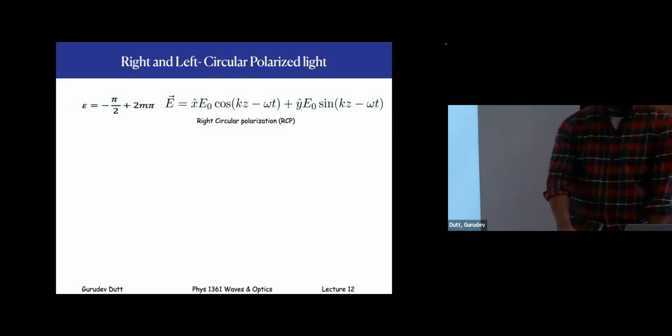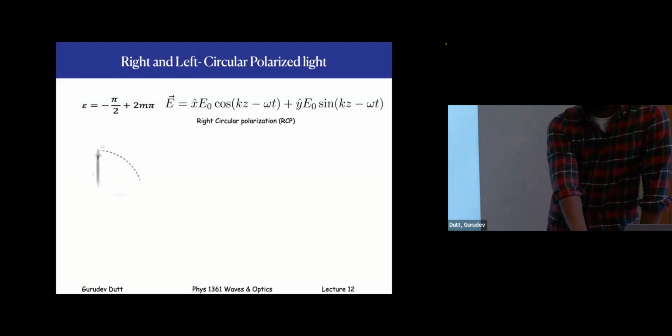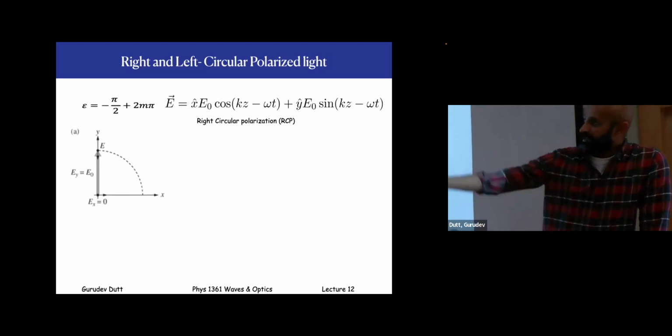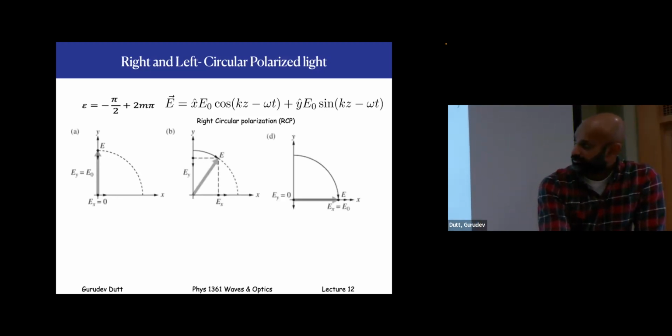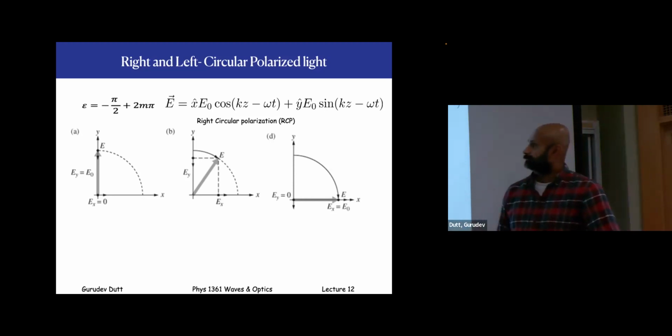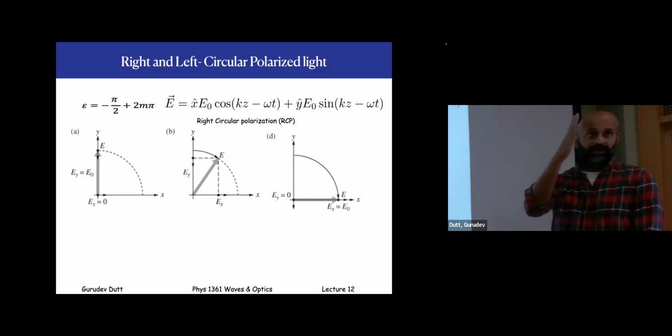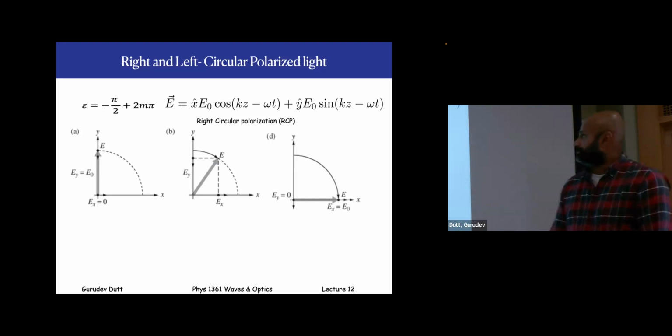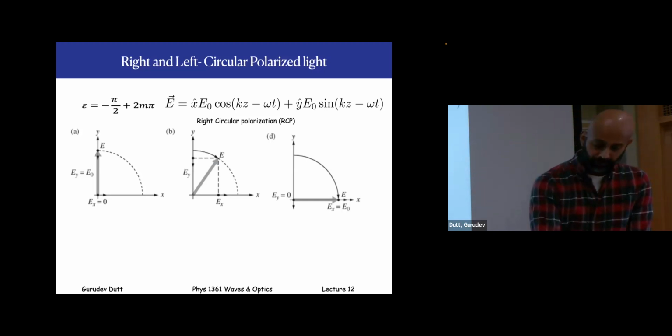Okay, so that's summarized over here. I'm just going to quickly go through this. That's exactly what I just said. I just started the drawing from a different point in time. Basically, I started with it along the y-axis and talked about what happens as you go further.